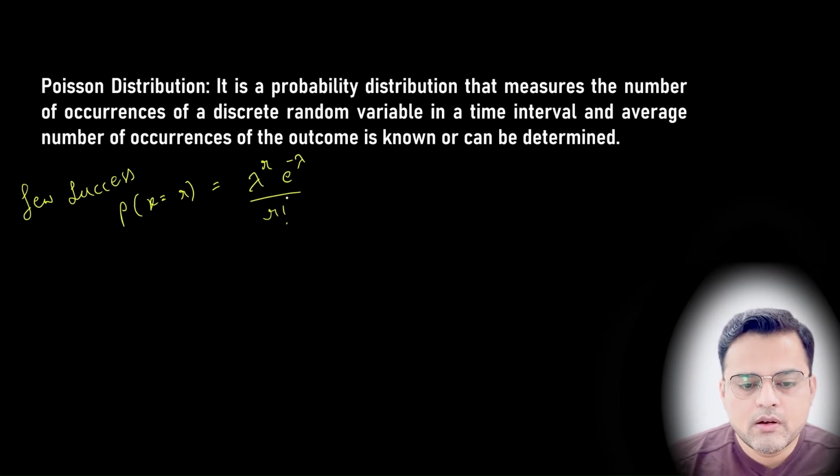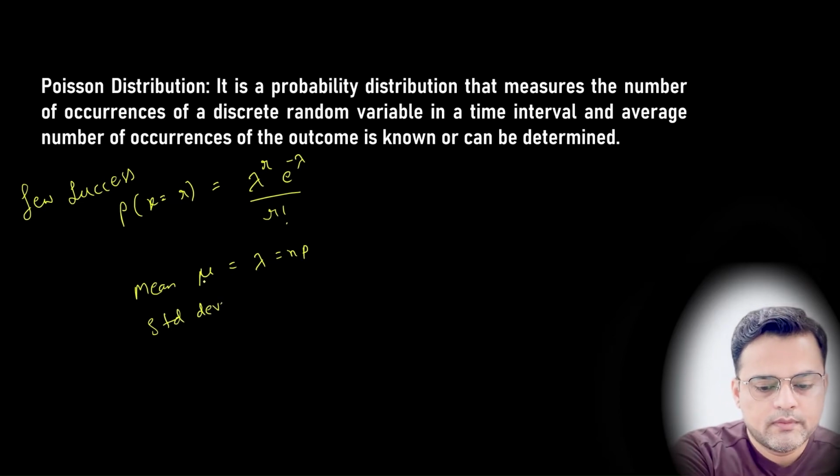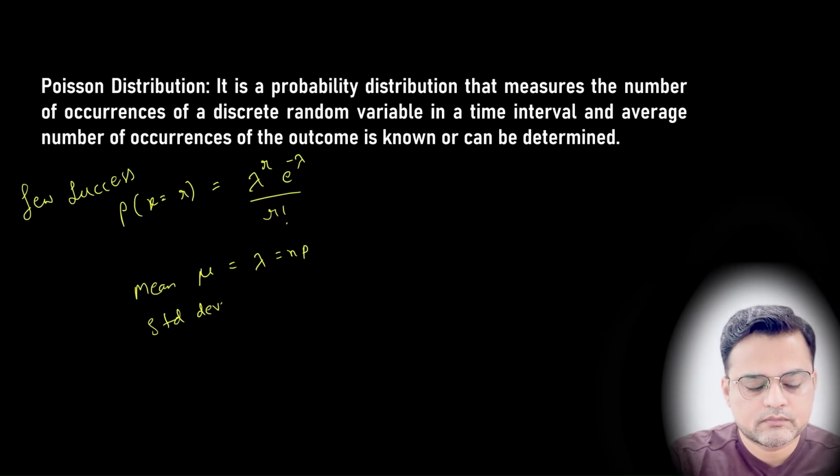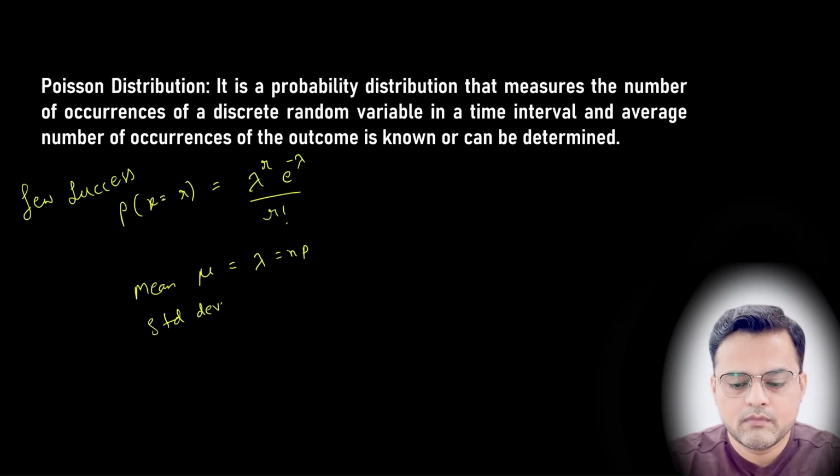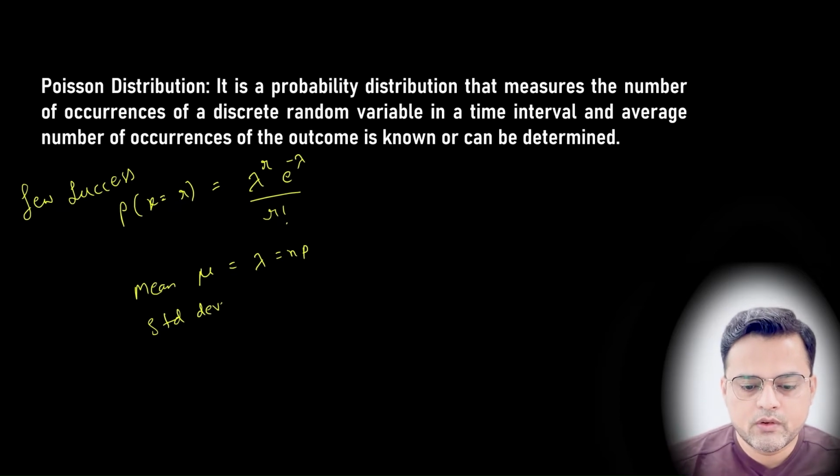So here also we have mean. Mean mu is equal to lambda is equal to np, and you have standard deviation. So here you have a standard deviation as under root np.